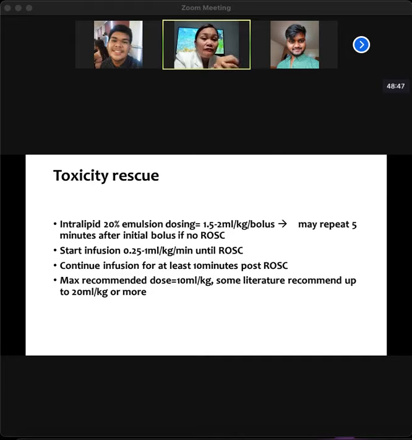Pag hindi pa rin nare-revive yung pasyente, you can repeat it. And then you may start infusion of 0.25 to 1 ml per kilogram per minute until ROSC. And then continue infusion for at least 10 minutes post-ROSC, at a maximum dose of 10 ml per kilogram. However, some literature recommends 20 ml per kilogram or more.